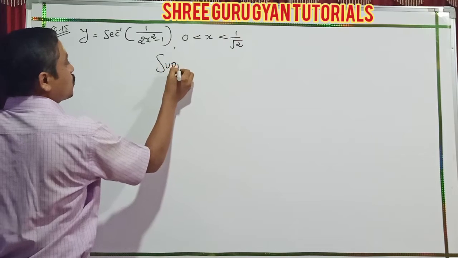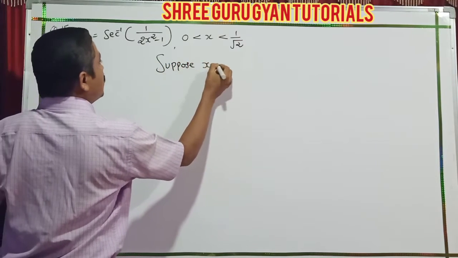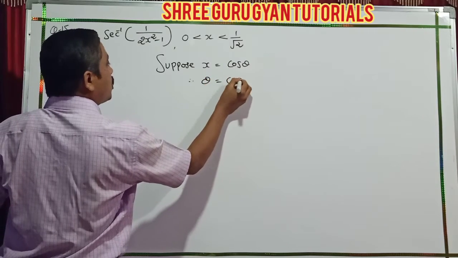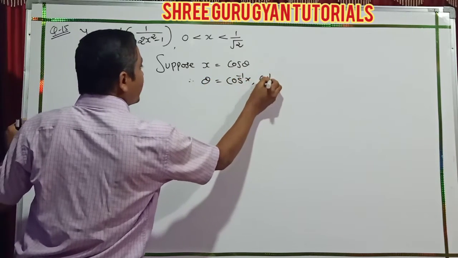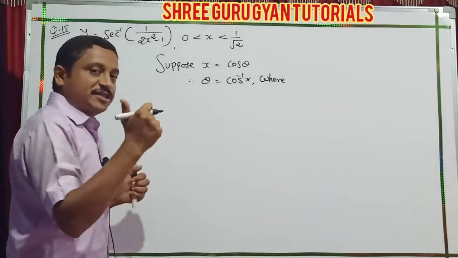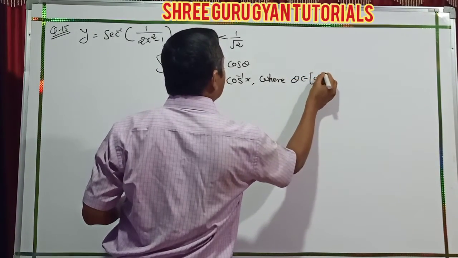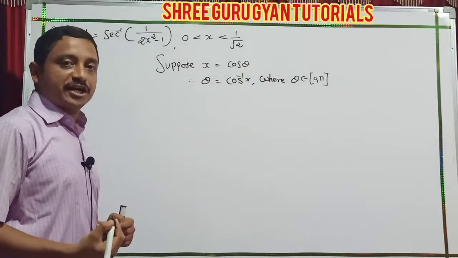Suppose x is equal to cos theta. So what is theta? Cos inverse x, where, necessary students, theta belongs to my range 0 to pi. It is a standard range.